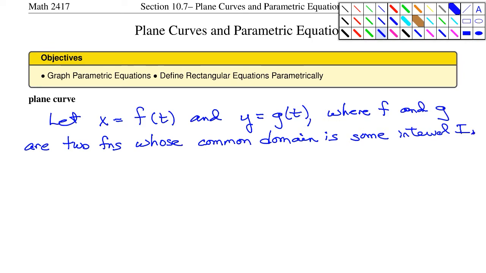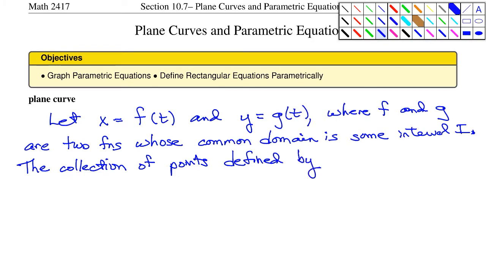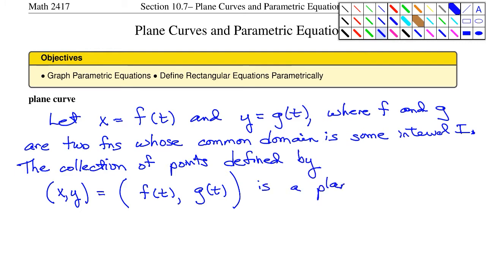Then the collection of points defined by x comma y is equal to f of t comma g of t is a plane curve.